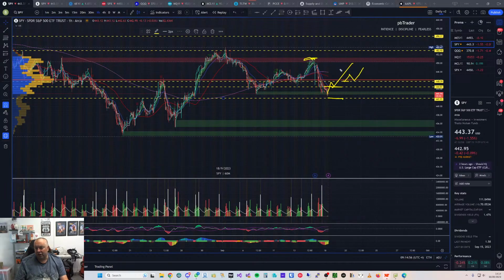And 450 to 451 is a higher probability rejection area. So this area here is to watch for, and probably 435 is an area to watch, 434, these areas here. So if we can get down to here or up here, these are the higher probability plays. Okay, moving on to Qs.